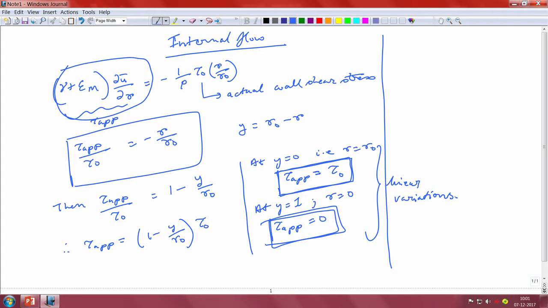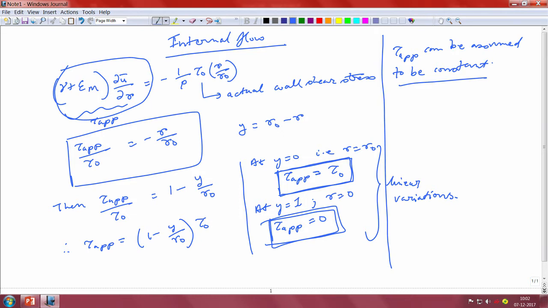Now, tau apparent can be assumed to be constant. So, that is what we have taken from here.